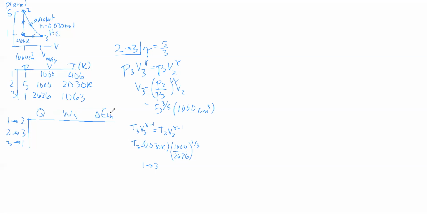Thermal energy is certainly a state variable, and it's proportional to the temperature by something called the equipartition theorem, which we'll talk about after this. But calculating these values, it's almost like each one has its own formula. And there's a table in the textbook, on page 578. It's table 21.1.